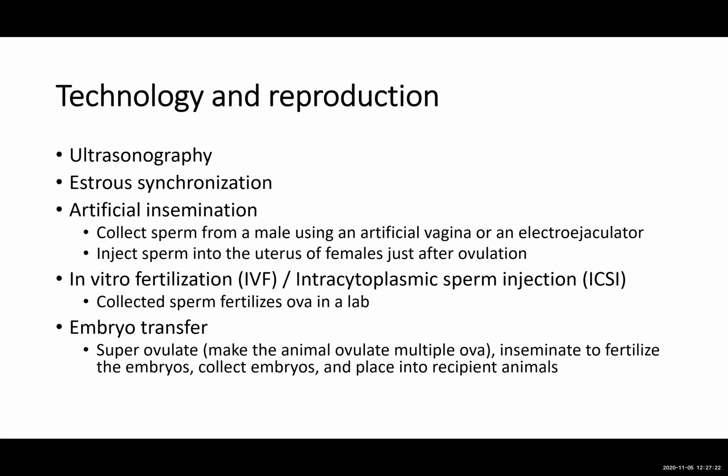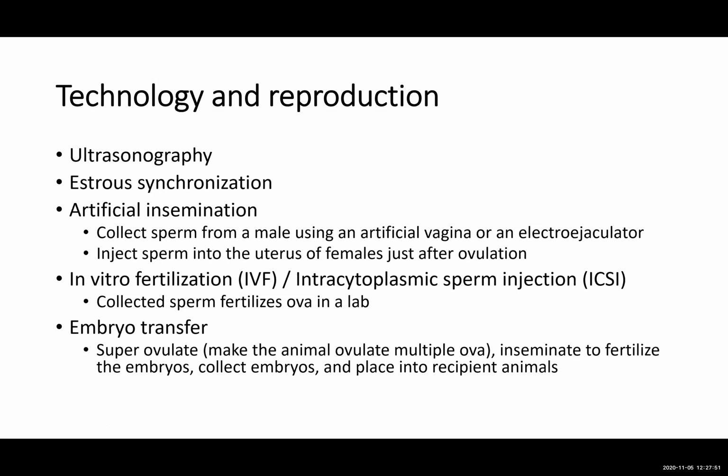When it comes to reproduction, we have a lot of technology that we can use. We have ultrasound. We have estrous synchronization, which I'm going to go through a little bit more. We have artificial insemination, which is when we collect sperm from a male and use it to inseminate another female.